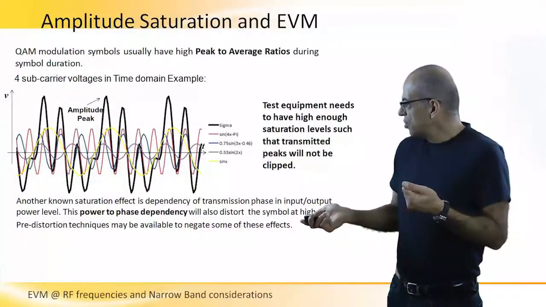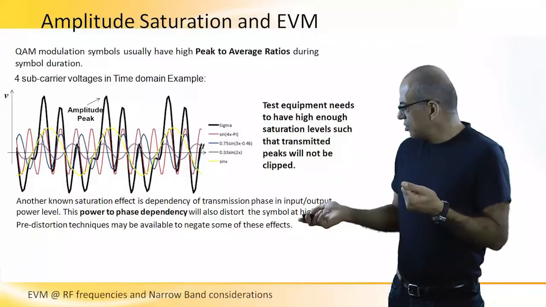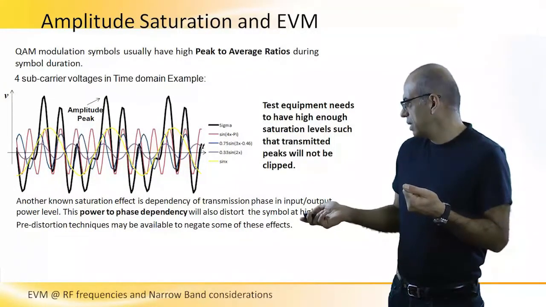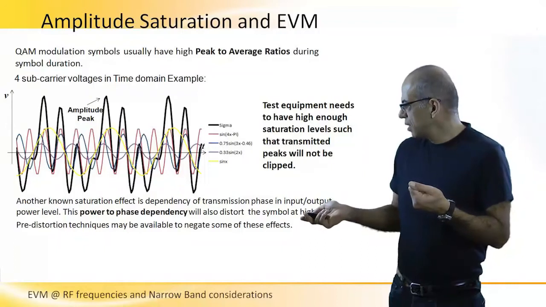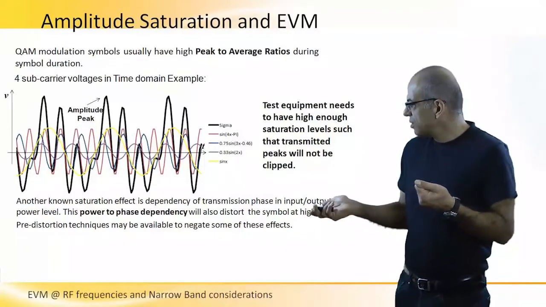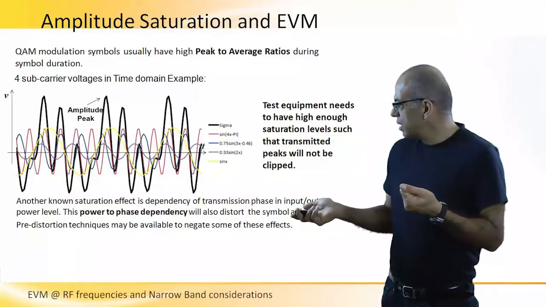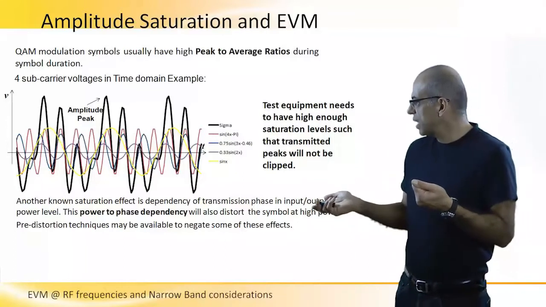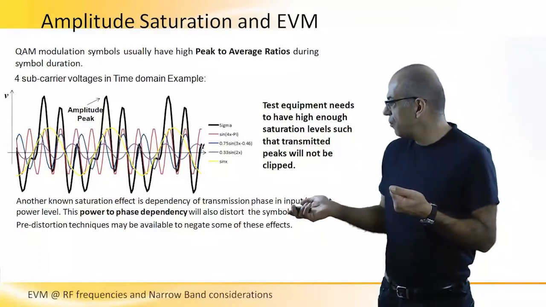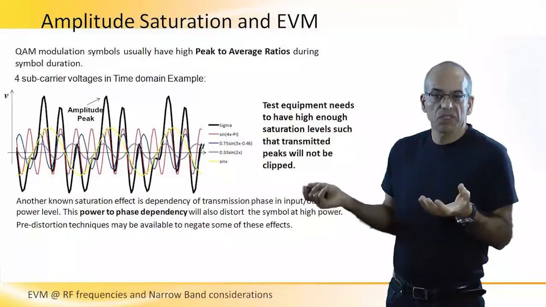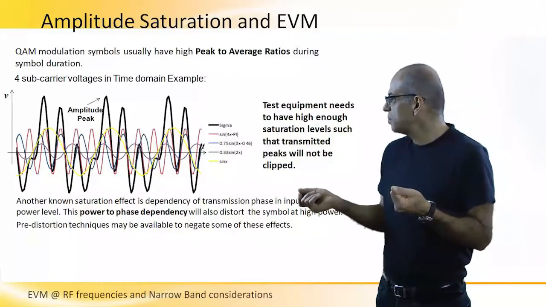Another way to look at nonlinearity is to take these four subcarriers and look at them in time domain. So now we have four sines, each with a different amplitude and phase that can represent different subsymbols.